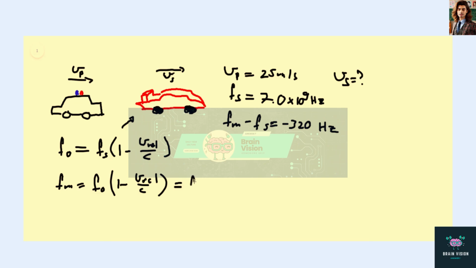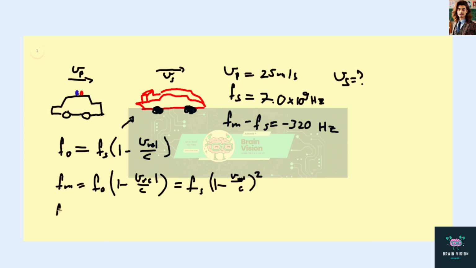And so we're going to have that the measured frequency is Fs times 1 minus V rel over C, but this time squared.